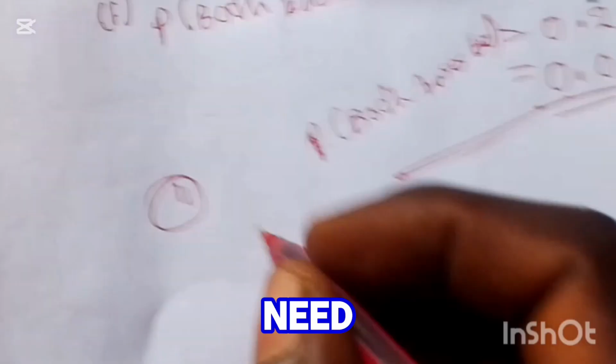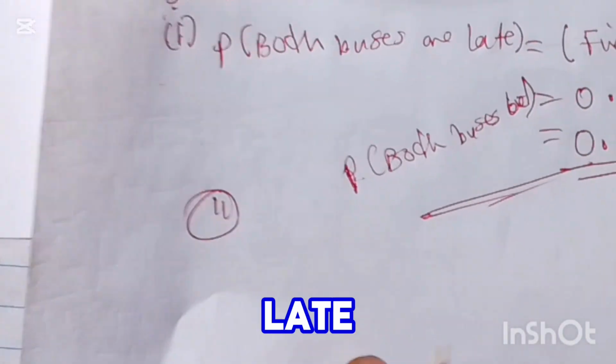So we need to find the probability of only one bus being late. So we're going to write this formula.